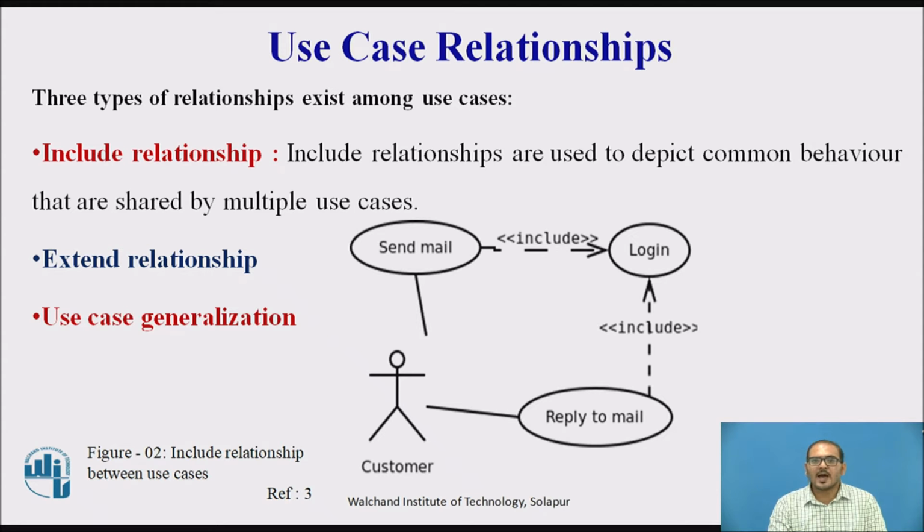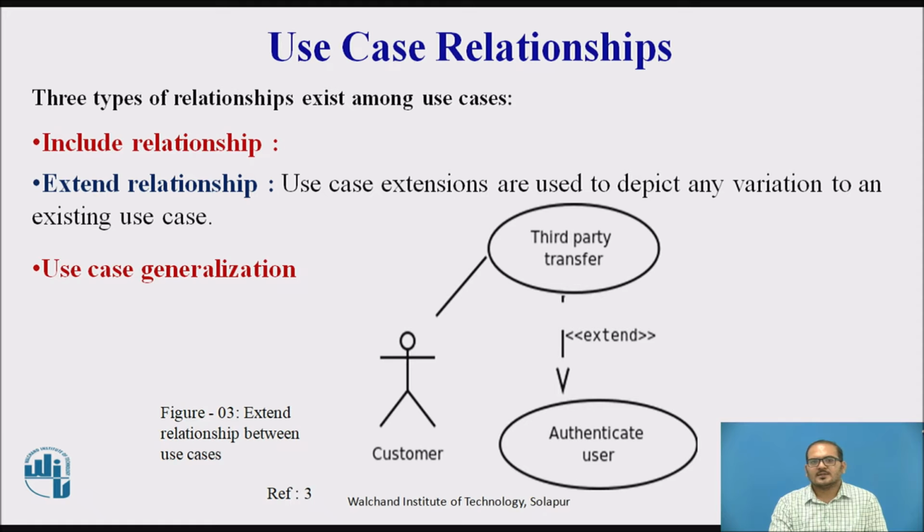Thus, we could have a login use case which is included by the compose mail, reply, and forward email use cases. The relationship is shown in figure 2. In this notation, the include relationship is depicted by a dashed arrow with an include stereotype from the including use case to the included use case.